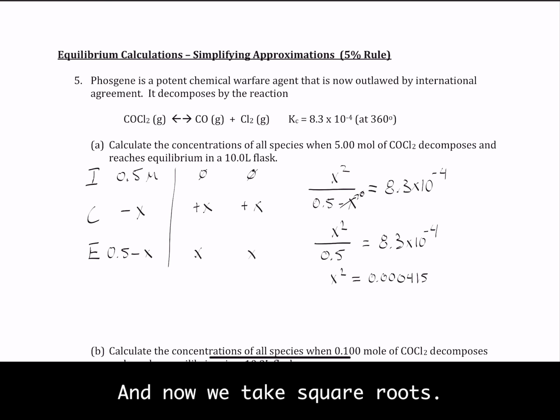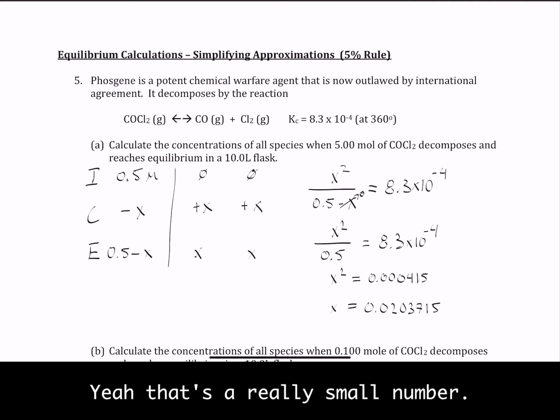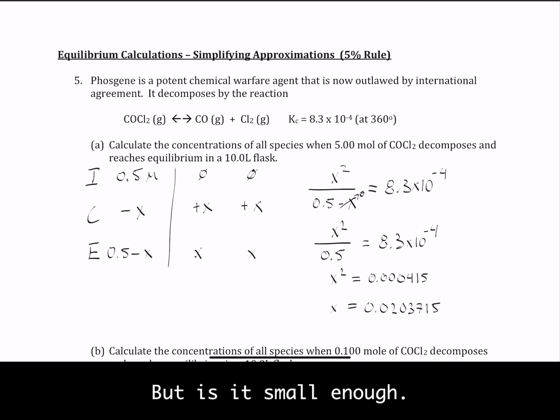And then we take square roots. Yeah, that's a really small number, but is it small enough?